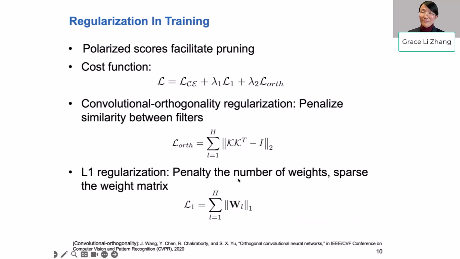We penalize the weights to be 0 as much as possible, because a filter with many 0 weights is important for no classes. And we also add a penalty called convolution orthogonality regularization. This penalty penalizes the similarities between the filters. So we hope that the filters learn different features, so that they tend to be important for many classes.